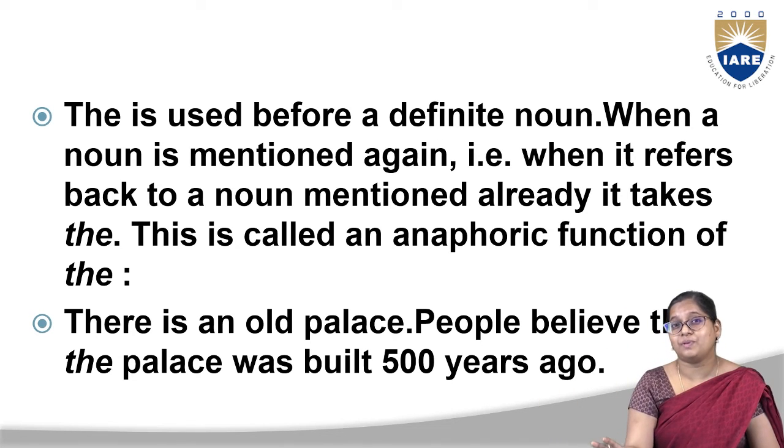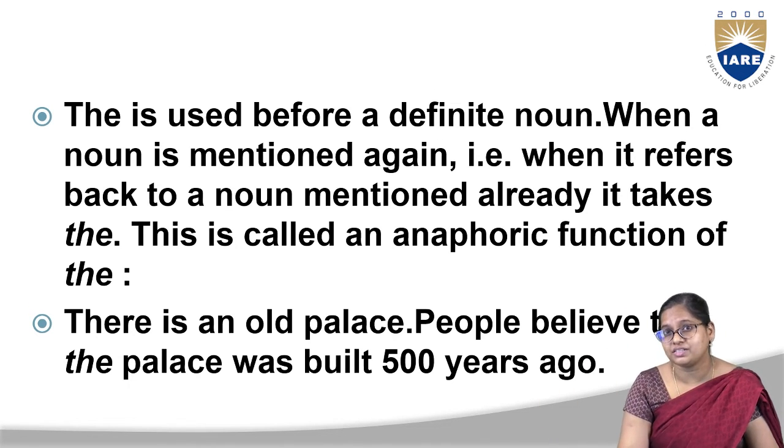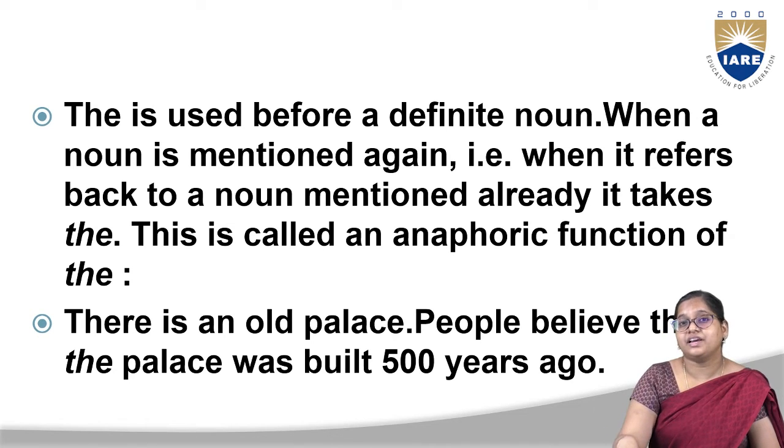Now they understood which palace you're talking about. Now people will understand if you use "the palace". That means you've already started talking about this palace, and now it's very clear: the palace which was built 500 years ago. This is called anaphoric.